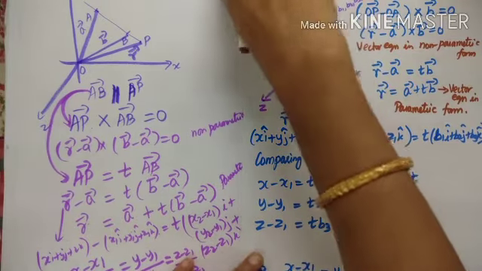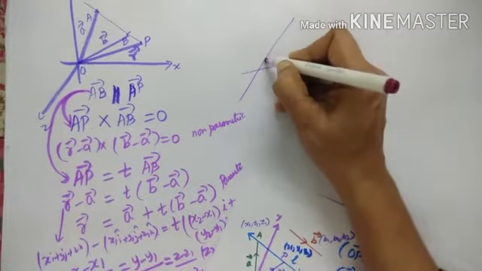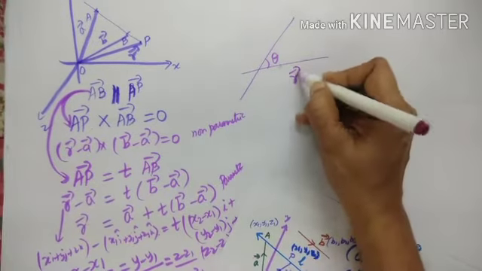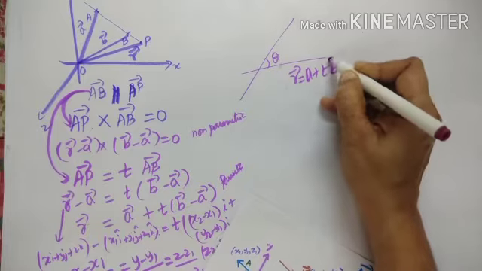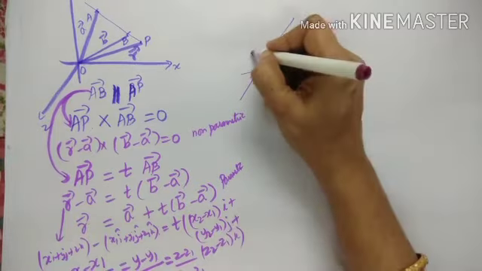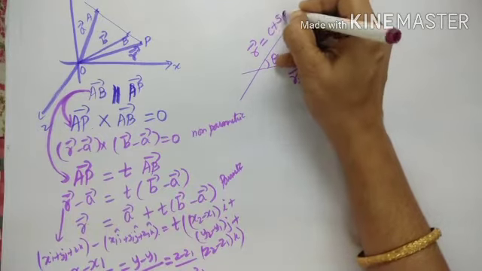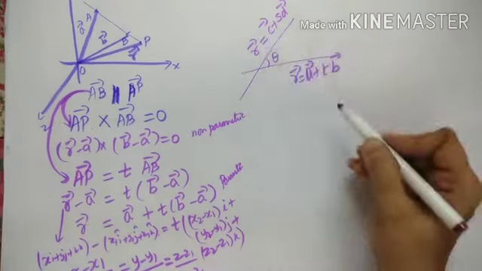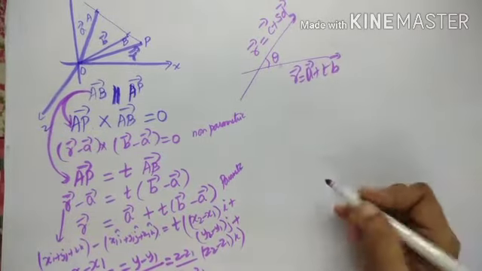Now there is yet another idea. When you have two different lines, what is the angle between them? Say this line is R vector equal to A plus T B vector. The other line is R vector equal to C plus, say, some other letter S into D. So how many lines am I getting? 2 lines. 2 lines are represented like this.